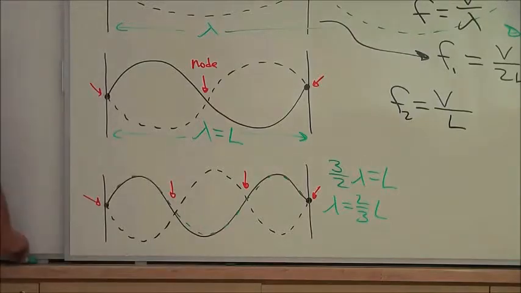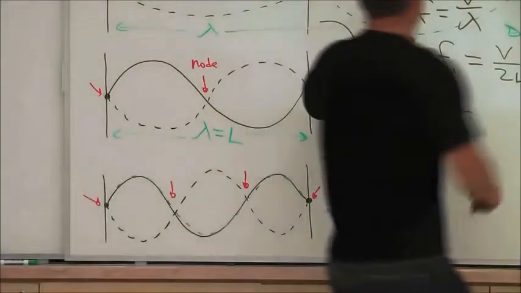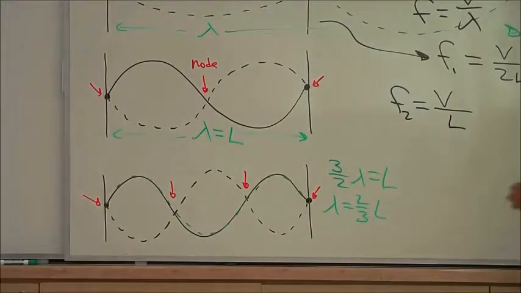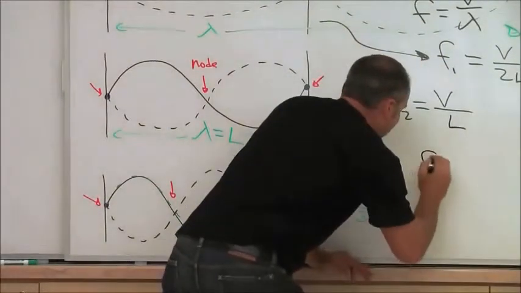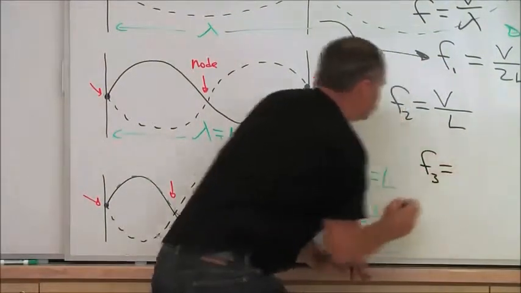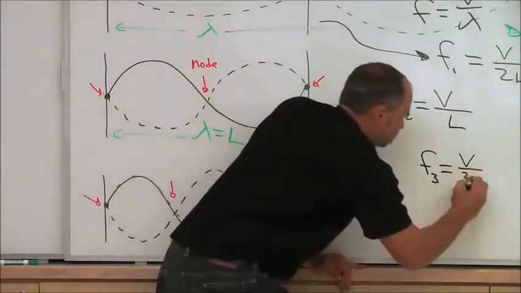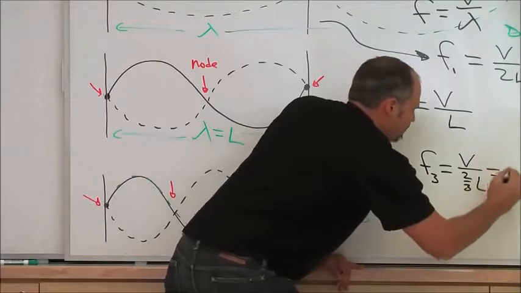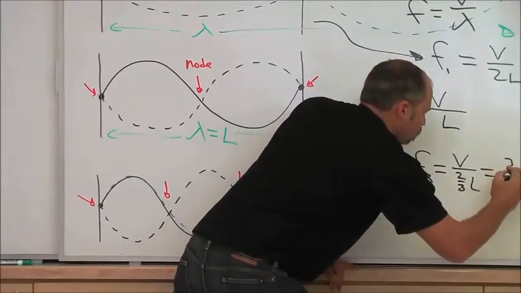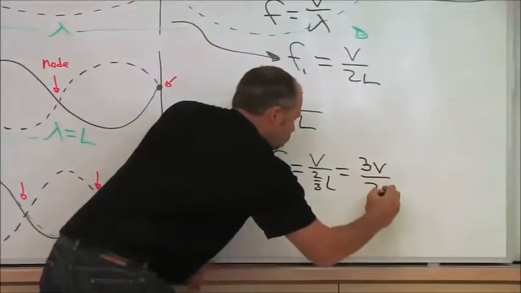So, plugging in to the wave equation, frequency equals speed over wavelength, I have F3 is equal to V over, well, it's 2/3 L, and that equals 3V over 2L.